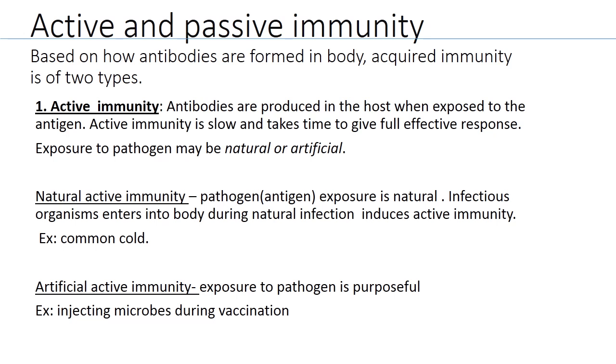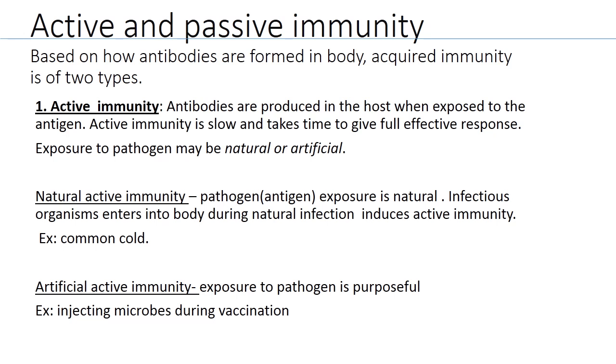In active immunity, antibodies are produced within the immune system naturally. The purpose of antibody production is to destroy the antigen. So, when our immune system naturally produces antibodies to neutralize the antigen, that kind of immunity comes under active immunity.